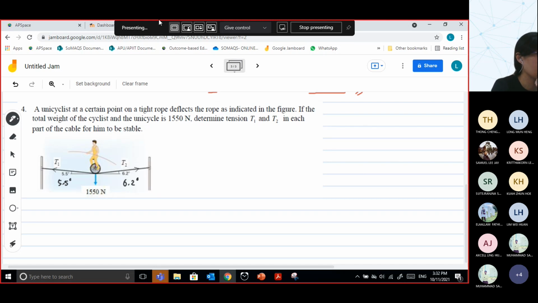Samuel got T1 as 7607 and T2 as 7599. Samuel, you get 7607, is it 7? Because your answer is very close to my answer, except the 7.